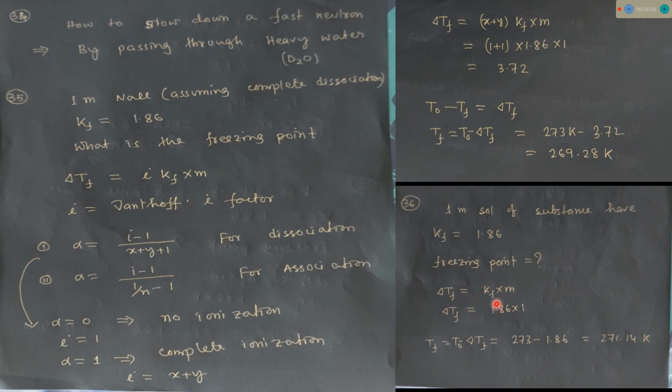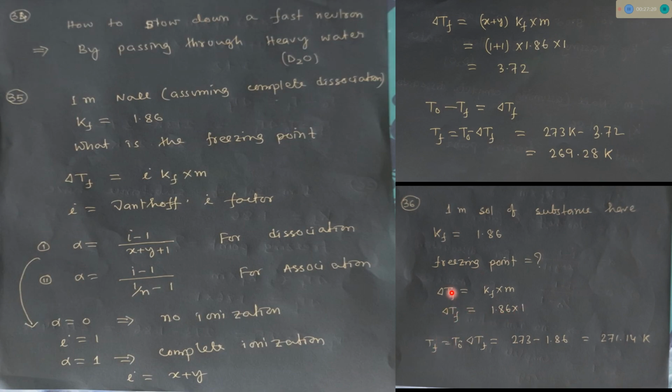When there is association or dissociation, the Van 't Hoff i factor will be there, but since there is no mention of it, the i term is not there. So we just put del Tf equal to 1.86 into 1.